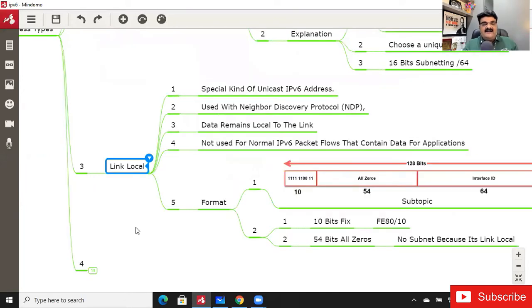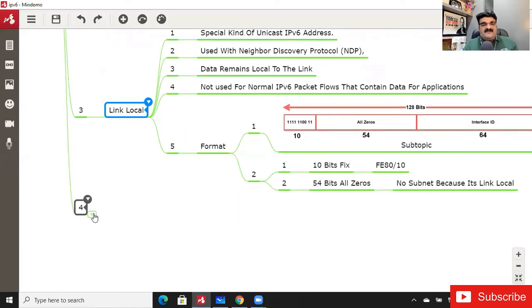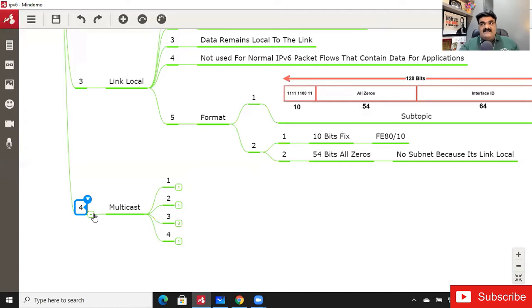Now I'm going to talk about the fourth option, which is the multicast address. Multicast is really useful in IP version 6. Why? Because in IP version 6 there is no broadcast. Whatever we are doing with broadcast in IP version 4 will be replaced by IP version 6 multicast.